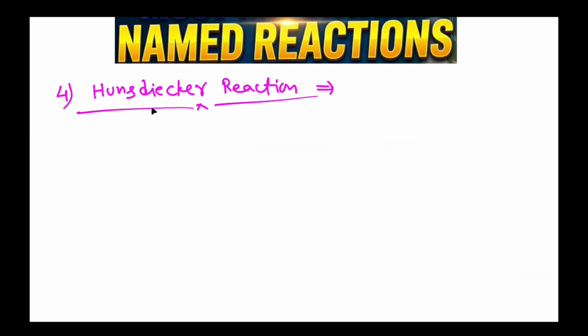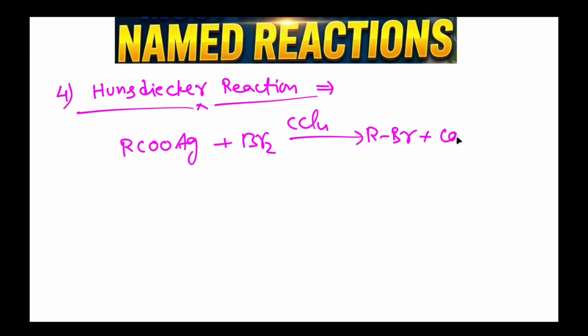The next reaction is the Hunsdiecker reaction. In the Hunsdiecker reaction, silver salts of carboxylic acids are reacted with bromine in presence of CCl4. We can get alkyl bromide and carbon dioxide, and the byproduct is AgBr.